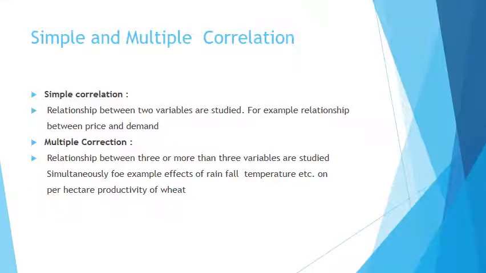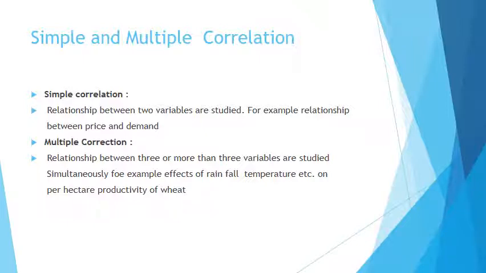Simple and multiple correlation. Simple correlation means the study of relationship between two variables only, like the relationship between price and demand or the relationship between money supply and price level. Multiple correlation.